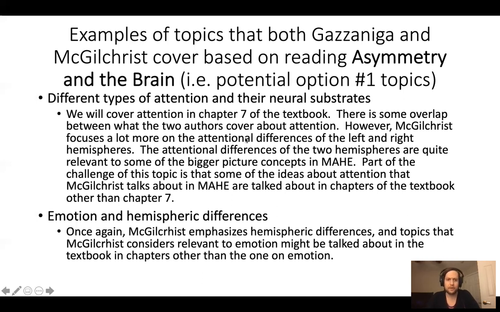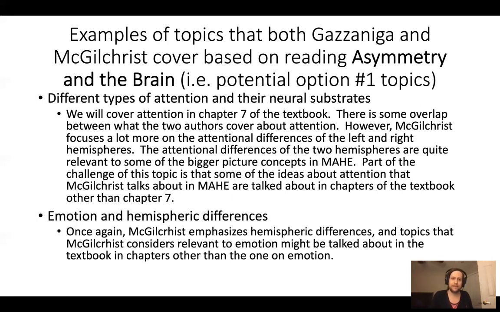I do want to mention something you'll eventually catch on to. McGilchrist is much more interested in hemispheric differences, the difference between the left and the right hemisphere. Even though Gazzaniga is very interested in hemispheric differences as far as his research is concerned, in the textbook he is forced to take a more balanced approach where he talks about many different regions instead of just the hemispheric differences.